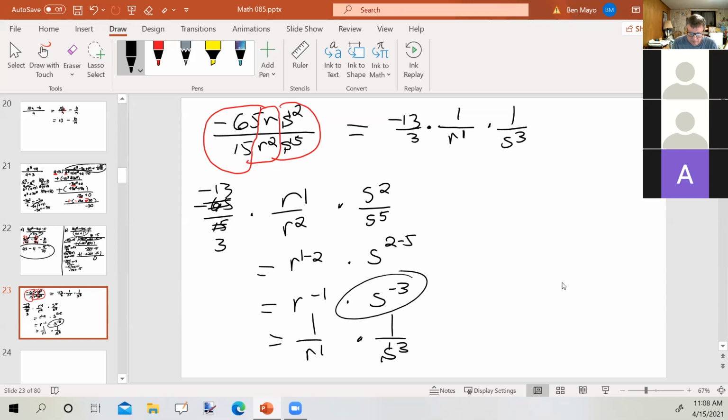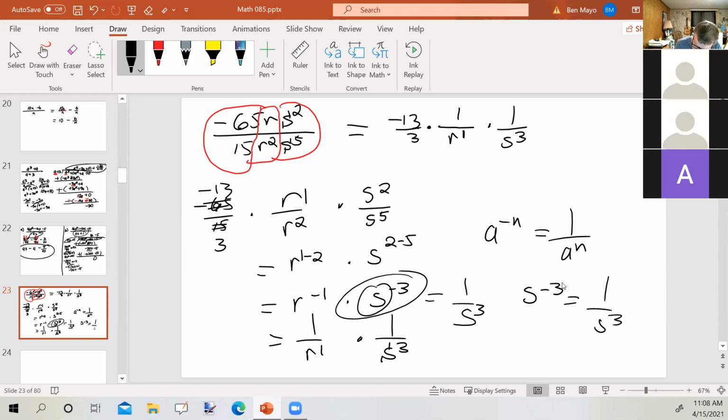Correct? So I write the reciprocal of the base and apply a sign change to the exponent. Basically, a to the negative n equals 1 over a to the positive n. So s to the negative 3 is 1 over s to the positive 3. R to the negative 1 is 1 over r to the positive 1.